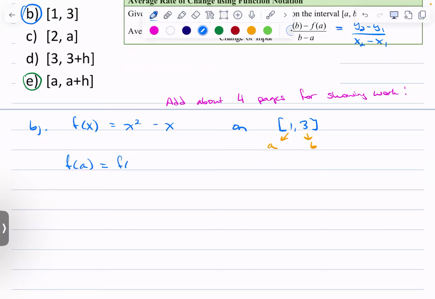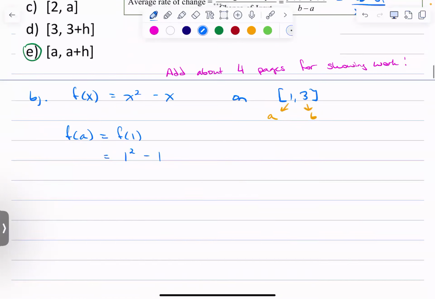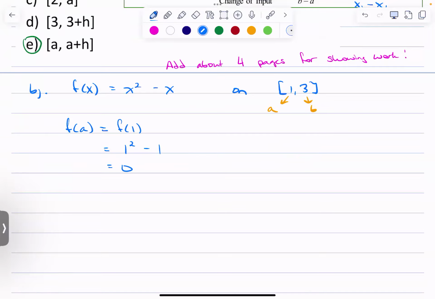F of a is f of 1. Wherever I see an x, I'm going to replace it with a 1. And so I get 1 squared minus 1, which is 0. What's my f of b? Put them side by side so we don't have to scroll so much.